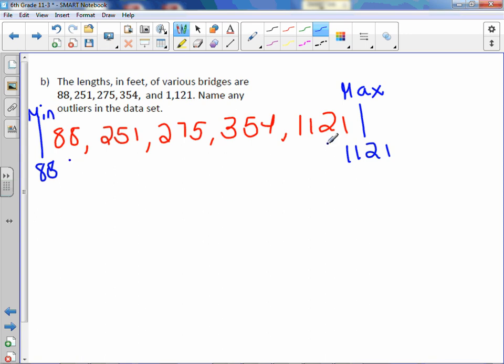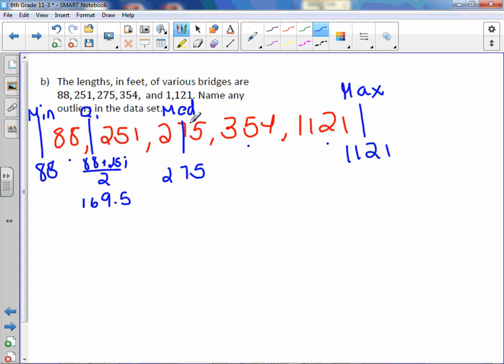The middle, or median, is 275. Quartile 1, I already am using 275 for the median, so I only have two numbers on the left to deal with, which means our quartile 1 will be in between. So 88 plus 251, divide by 2, and we get 169.5.